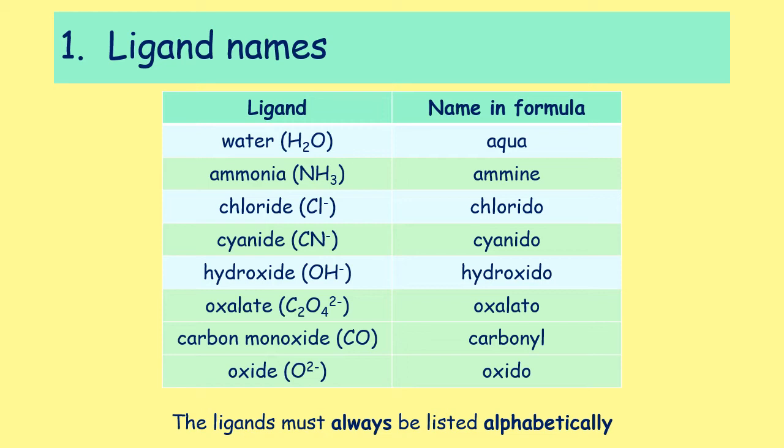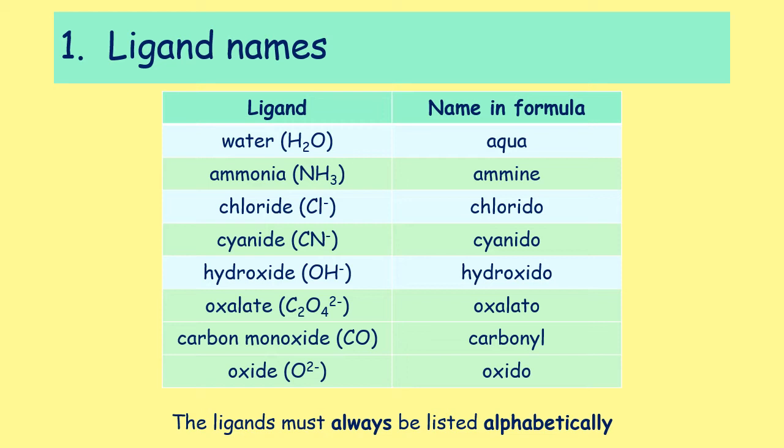For the other ones, chloride, cyanide, hydroxide, oxalate and oxide, ones that are negatively charged, the only thing you need to remember is you change the last letter from an E to an O. So chloride becomes chlorido, cyanide, cyanido, hydroxide, hydroxido, oxalate, oxalato, and oxide to oxido.